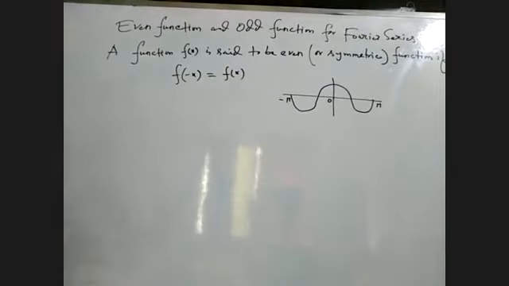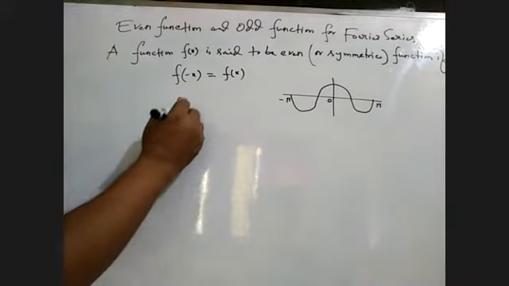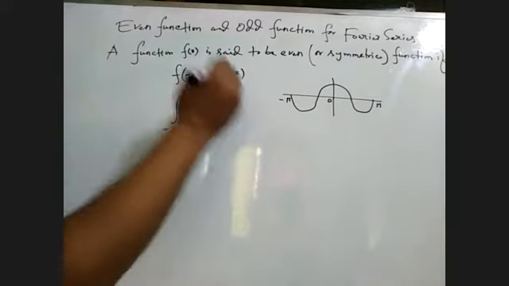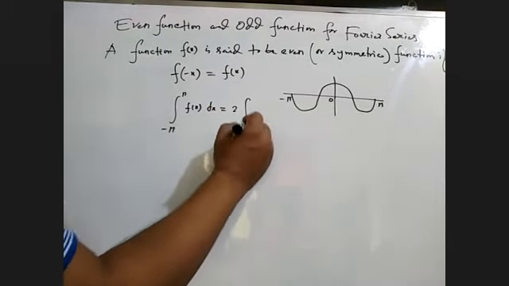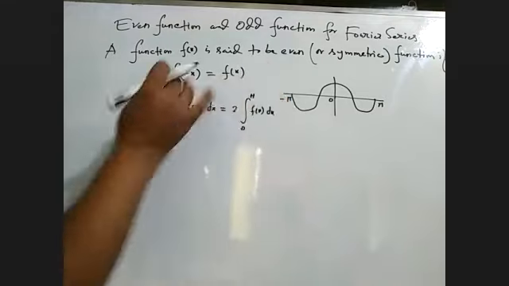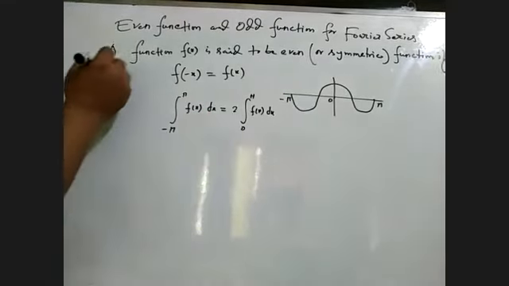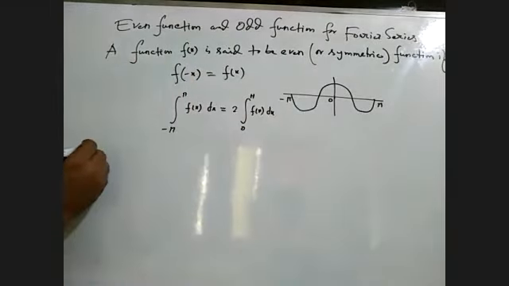In that case, the definite integral from minus pi to plus pi of f of x dx can be written as 2 times the integral from 0 to pi of f of x dx, for an even function.